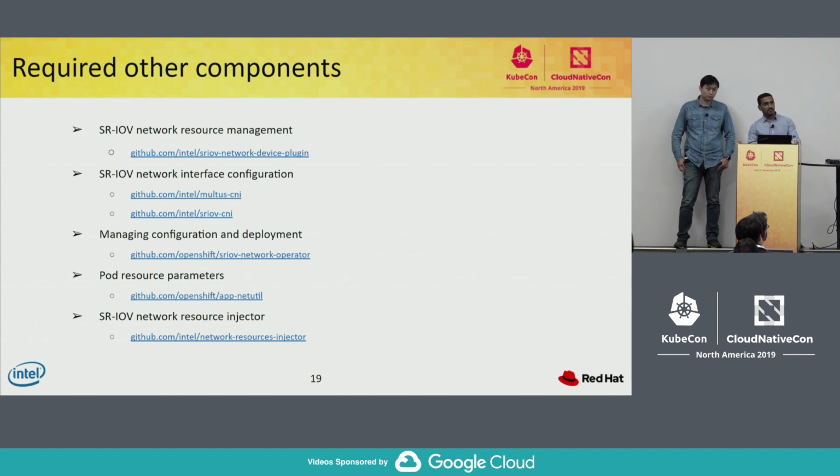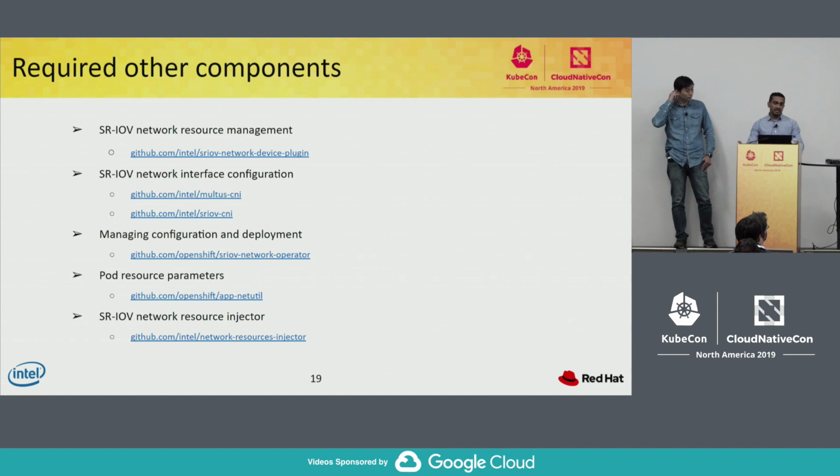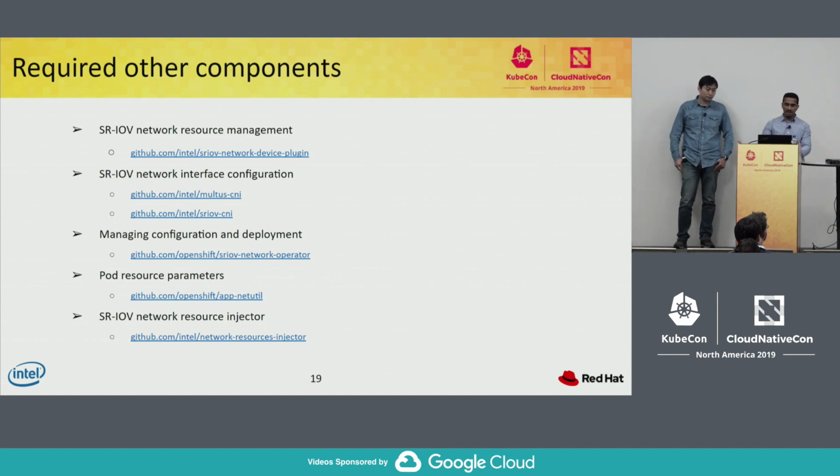And also for the pod spec, you need to give certain resource requests and the network attachment definition as well. That's been taken care of by the AppNetUtil, which basically gets those parameters from which devices are given for that workload. It gets those parameters, and what we see in testpmd, it added those parameters, so you don't need to go in the pod and figure out what devices and what CPUs are being allocated.